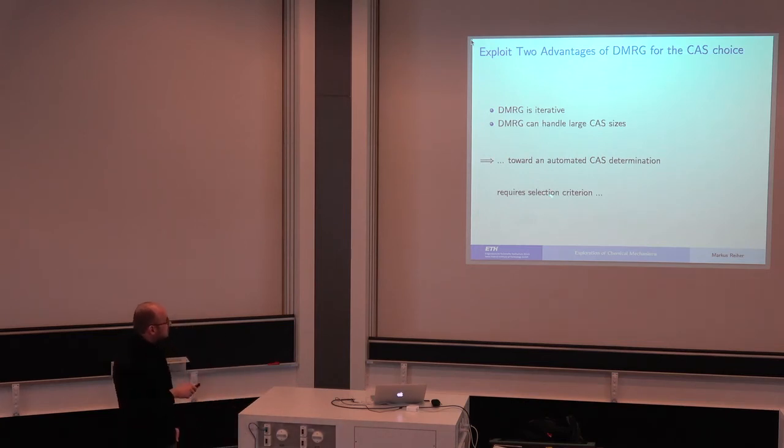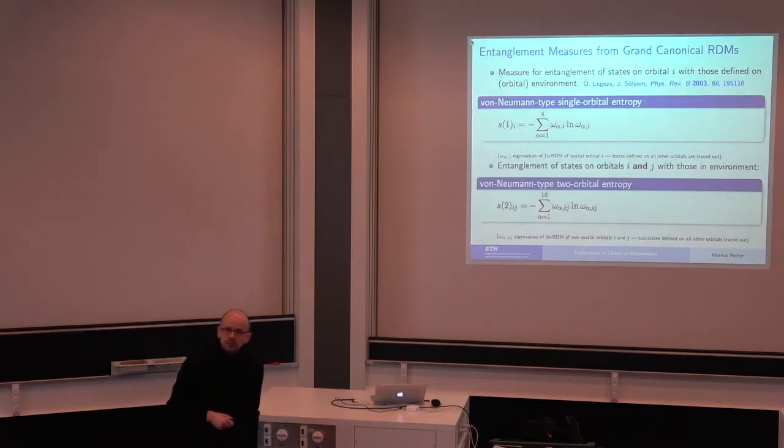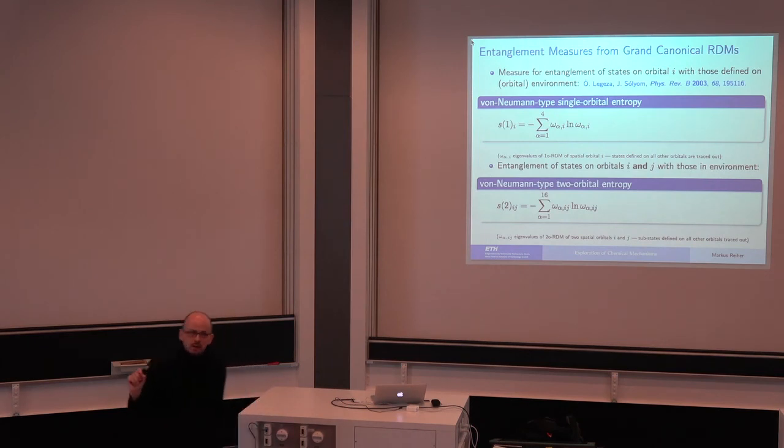But of course you need a selection criterion for this, and what we use are measures from quantum information theory that are evaluated for grand canonical reduced density matrices. In the extreme, these are density matrices defined for one orbital.